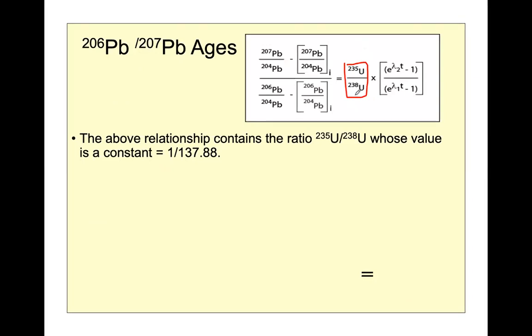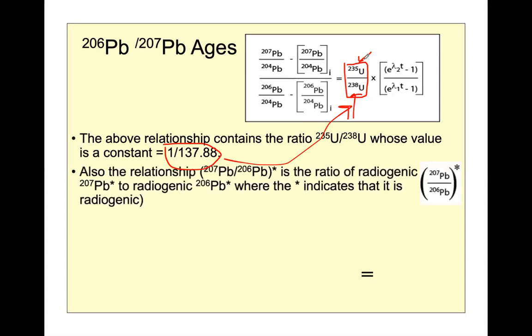But now what we have is 235 to 238, so that means 1 over 137.88. It's a constant, so you can directly apply that number here. No longer do you need to measure anything related to 235 or 238, because it's a constant. Even if you measured, you would get the same constant. So therefore you don't need to measure, and you can consider this one.